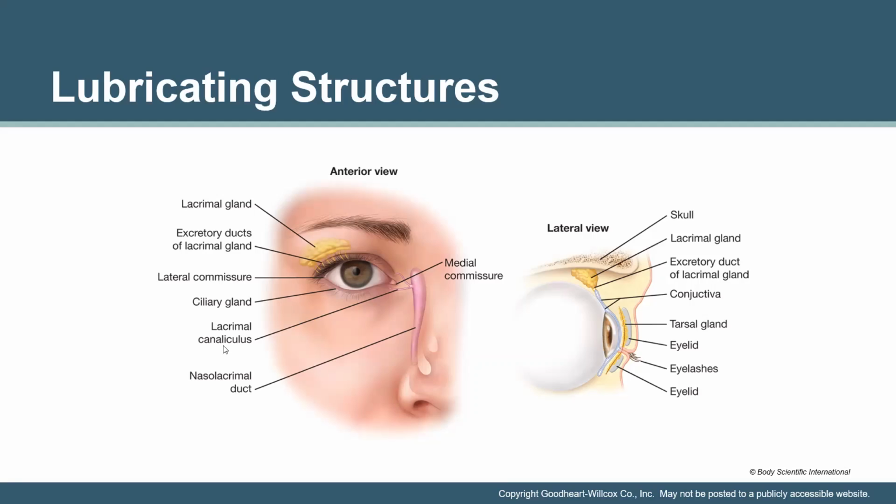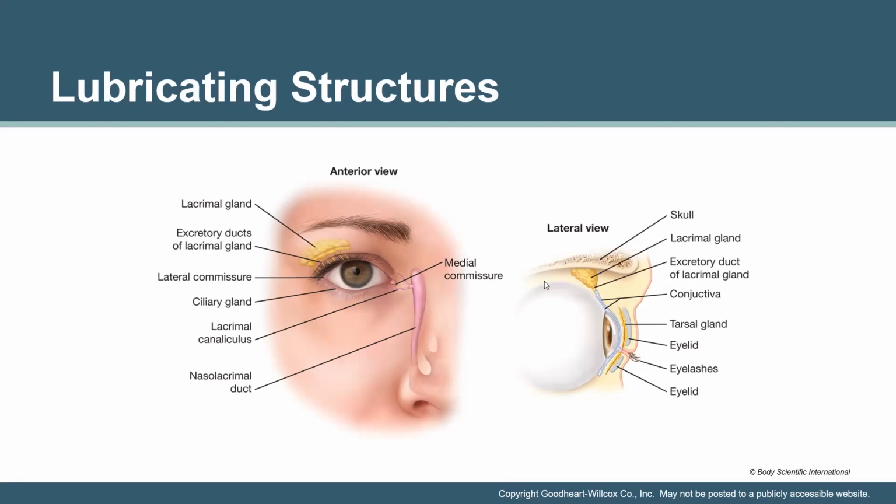We can see the lacrimal canaliculi at the corner of your eye, which will then empty into the nasolacrimal duct. That little piece of pink flesh that we notice at the corner of the eye is called the medial commissure. The lateral commissure is the lateral most corner of the eye.